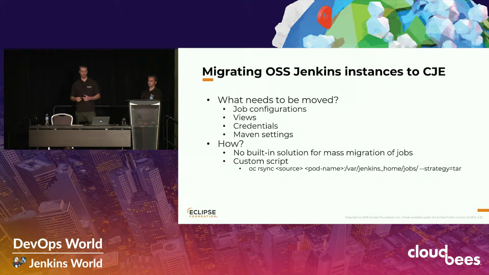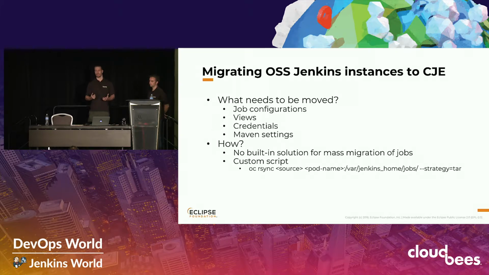So first of all, how do we move the jobs over? What needs to be moved? Obviously, job configurations, the views, some credentials, Maven settings. Maybe the build history would be a bonus as well. We don't want to move the build artifacts; those can be rebuilt, so it wouldn't be a problem. There's no built-in solution in CGE for mass migration of jobs.